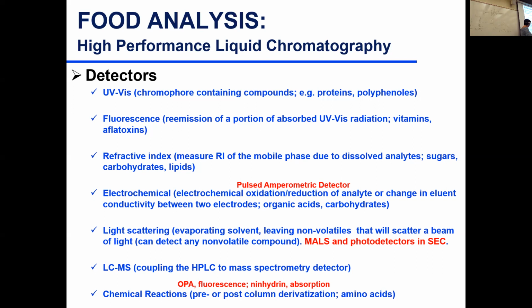All right, so the other detector is mass spectrometry, mass spectrometer. So you can use that instead of, you would just link your LC. Some of you already did MS lab. So we had our regular HPLC with the reverse phase column. And instead of having a UV detector, we had the MS detector.